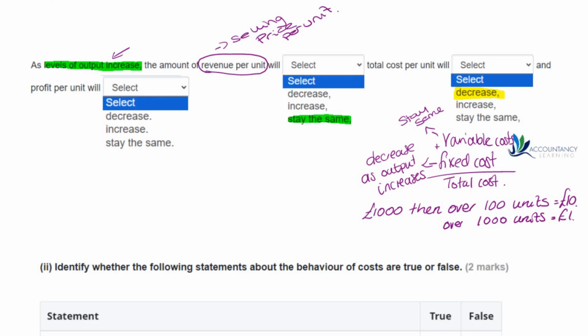So the more the output increases, the wider those fixed costs are spread. So therefore the total cost per unit will end up decreasing as the level of output increases.